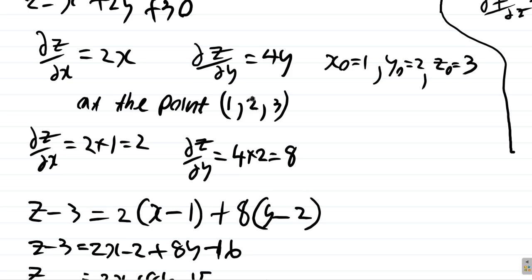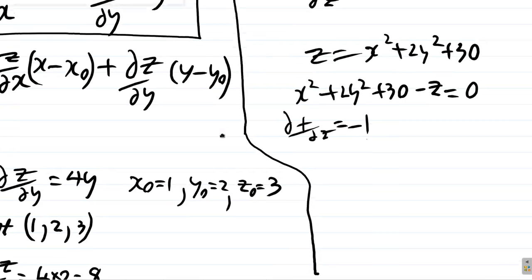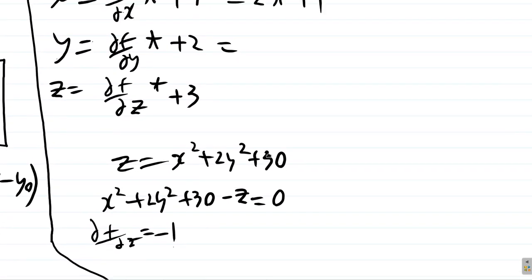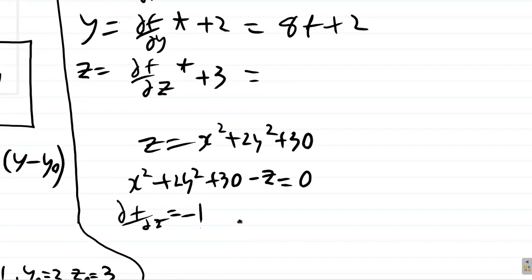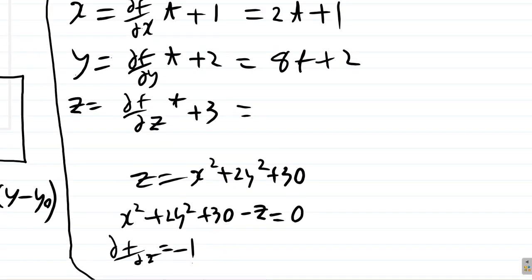And then when you substitute 2 for y, 4 2's 8. So you get 8. So this is equal to 8t plus 2. Now delta f by delta z is going to be negative 1, right? We did this and found it to be negative 1.